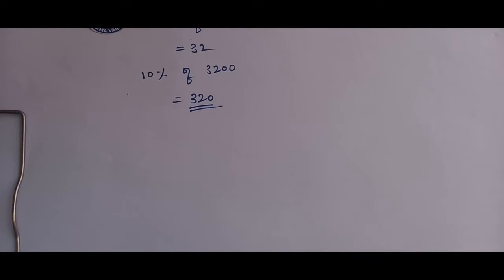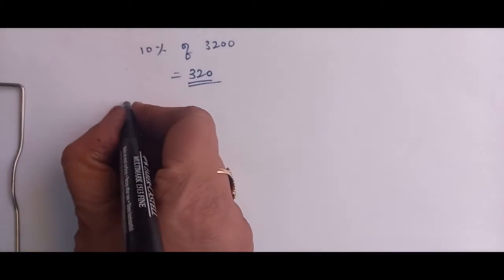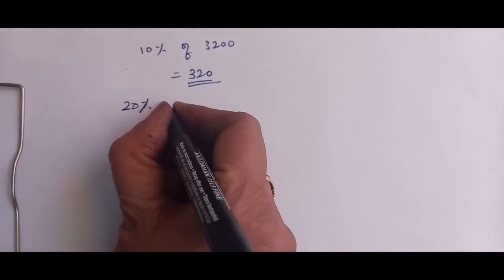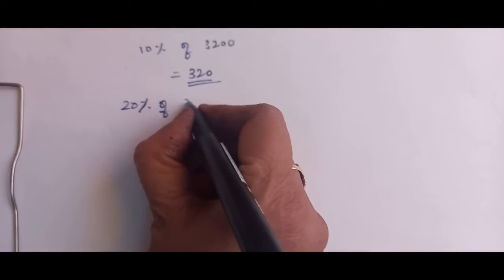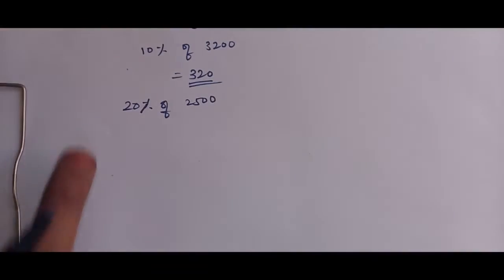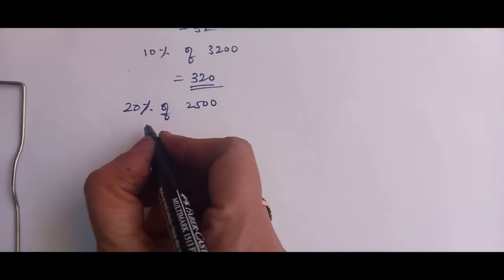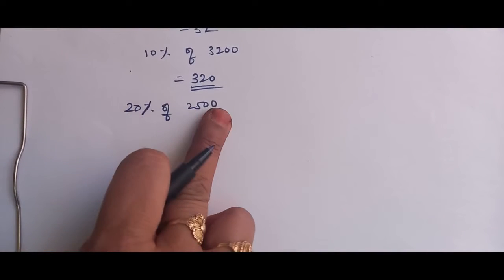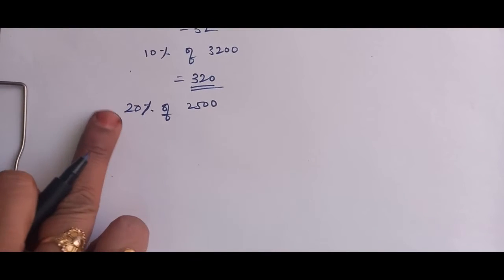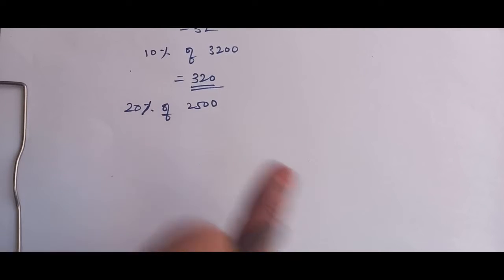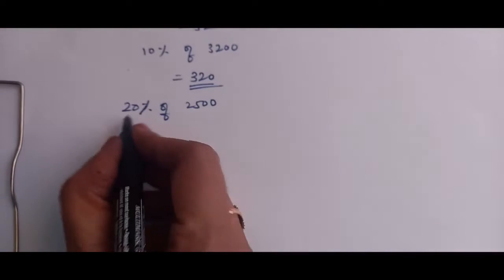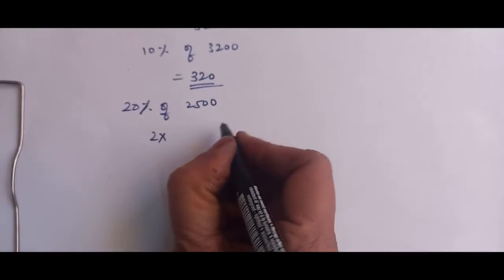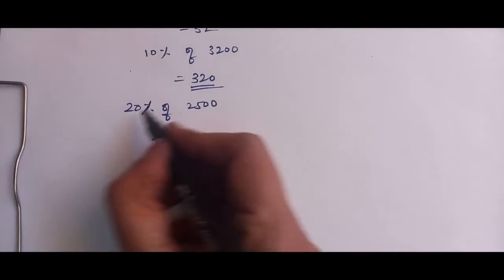Okay, let's see some 20% of one number. 20% of 2500 I am taking now. In this case, what we need to do: 2 into 10% of this number. Don't confuse. 2 into 10%. For example, if they are asking 30%, 3 into 10% of that number. Okay, 2 into, what is the 10% of this number? 10%.